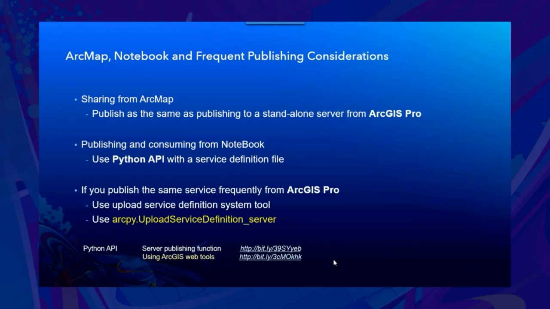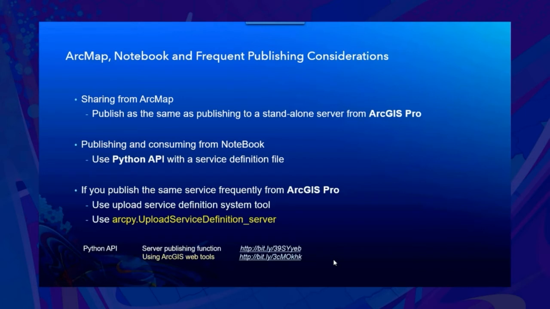The next one is about sharing from Notebook. It's getting more popular for users to use Notebook to access their service. If you want to get hold of your service or publish the service, you can do that from Notebook by using the Python API, but you cannot publish from scratch. You have to use the service definition file.